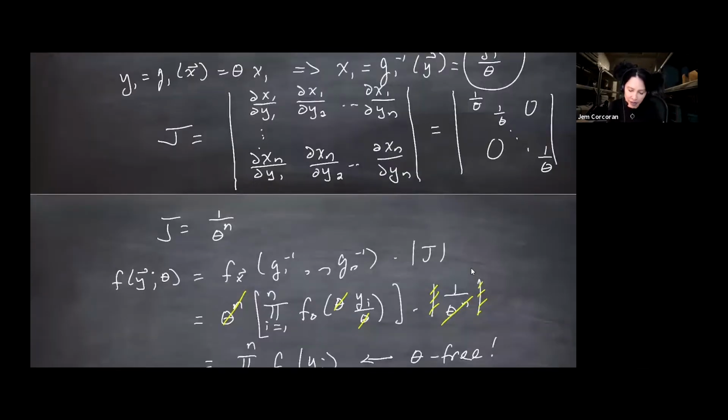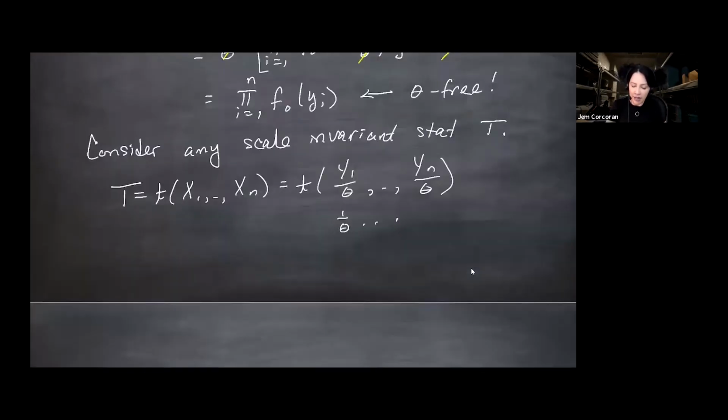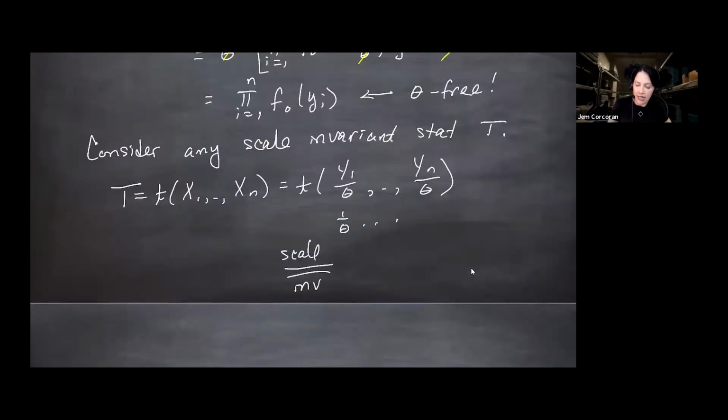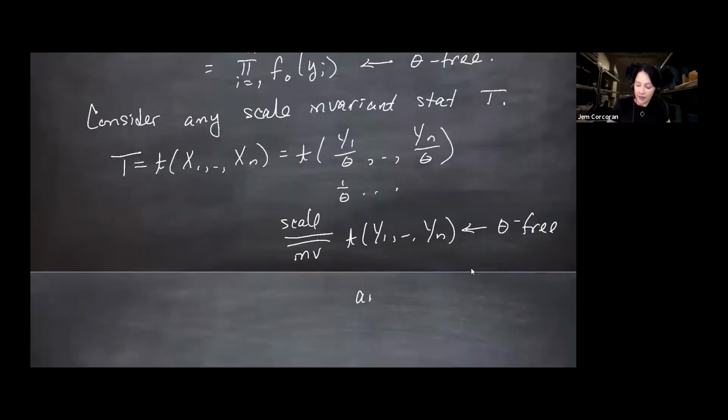Sorry about the scrolling. So this is t of y1 over theta out through yn over theta. Here I am just multiplying everything by 1 over theta. And because it's scale invariant, it's just t of y1 through yn. This is theta free, because this is just a function of the y's. And we determined that the distribution of the y's is theta free, and therefore T is ancillary.